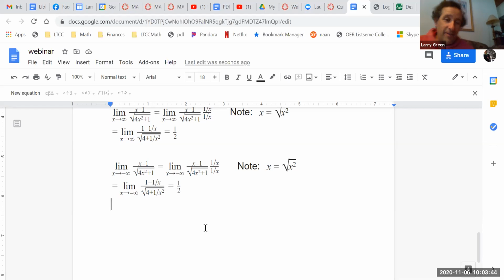So I changed all the infinities to negative infinity. The first step is to multiply by 1 over x on top and bottom. Am I allowed to do that? I noted that x is the square root of x squared. Then I divided each of the terms by x, each of these by x squared, and I get 1/2. Is that correct?